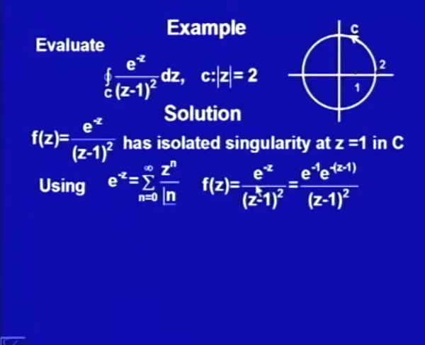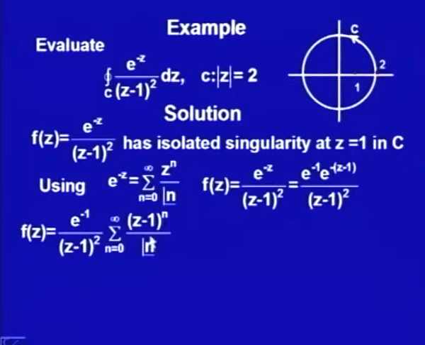You see that is how I am writing the Laurent series, not by finding it through integration methods. e to the power minus z I could write as e to the power minus 1 into e to the power minus (z minus 1). Now, e to the power minus 1 I will take common, and I would write the Maclaurin's expansion of e to the power minus (z minus 1) as summation n from 0 to infinity of (z minus 1) to the power n upon factorial n.